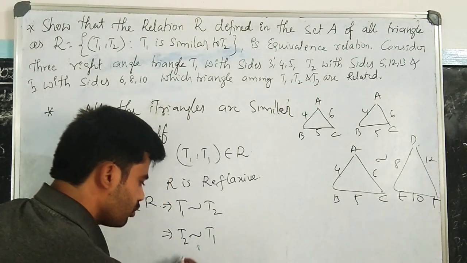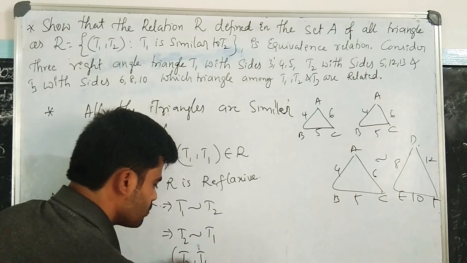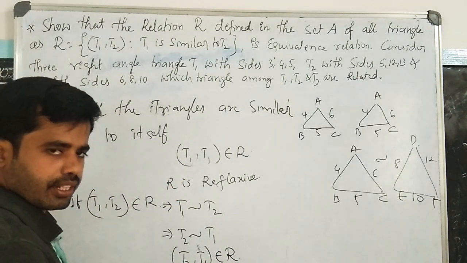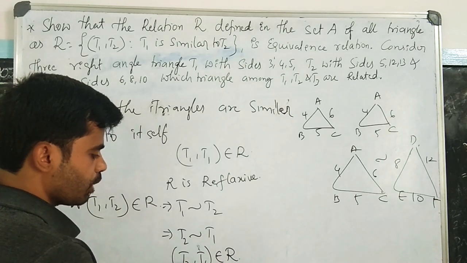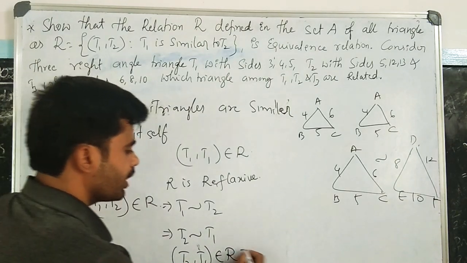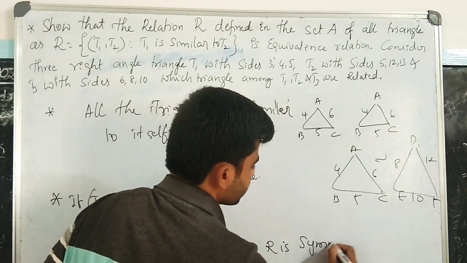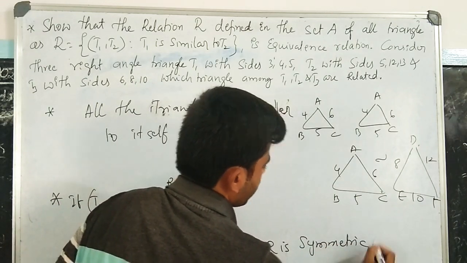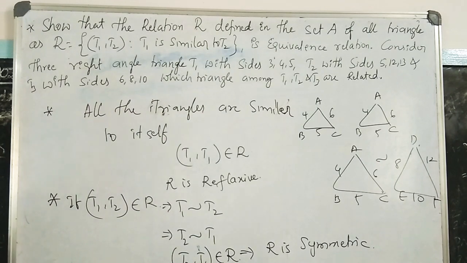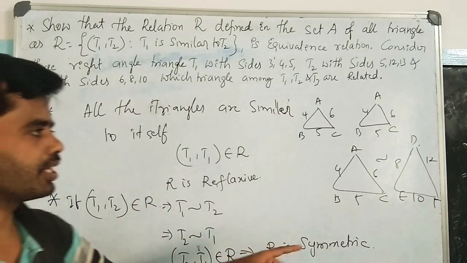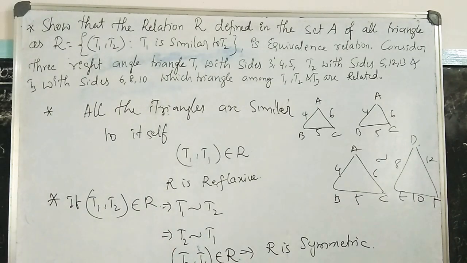T2 also similar to T1 means (T2, T1) belongs to the relation R. So (T2, T1) belongs to R means what can we conclude? R is a symmetric relation. R is a symmetric relation.